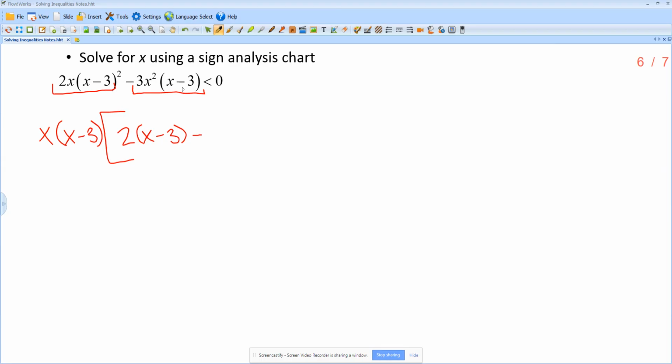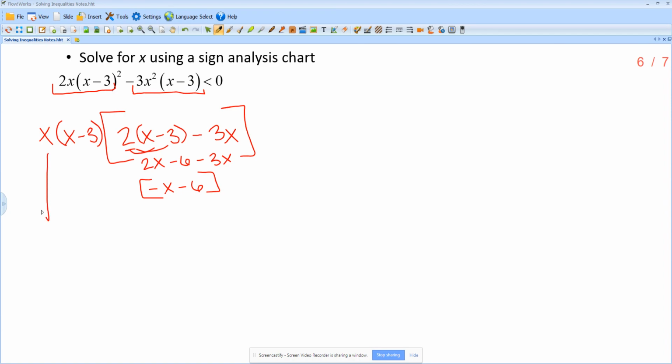If I take x out of 3x squared, I'm left with 3x. And if I take x minus 3 out of x minus 3, they're all just gone. Now I need to simplify what's inside here, so I'll distribute this 2. I get 2x minus 6 minus 3x, which gives me negative x minus 6.